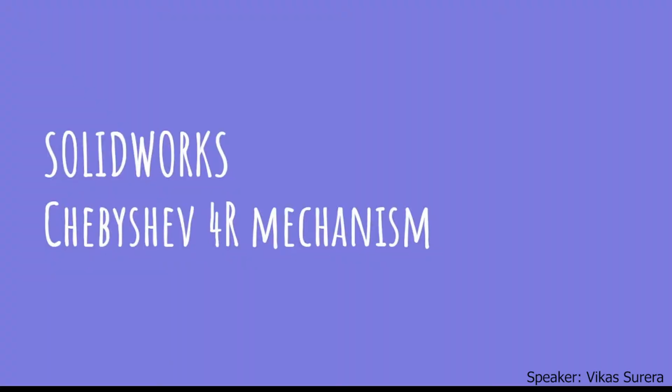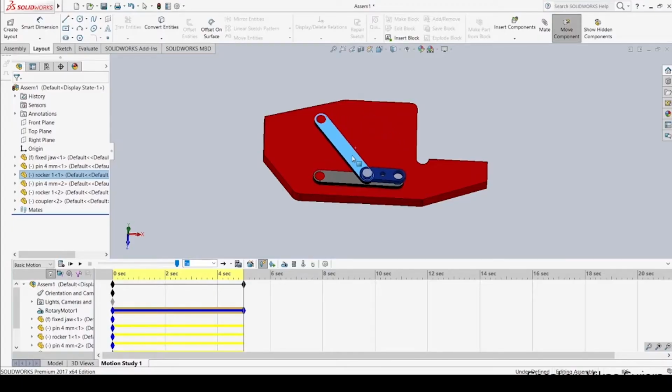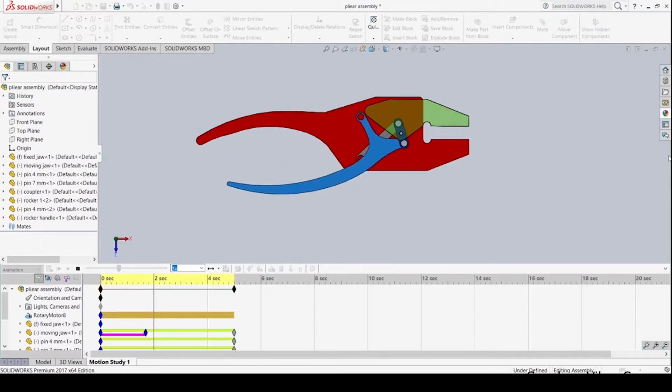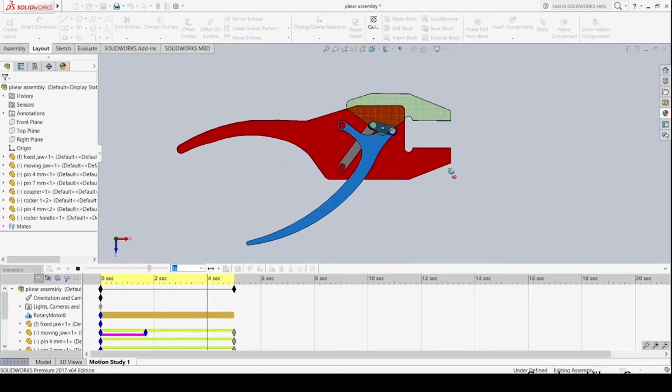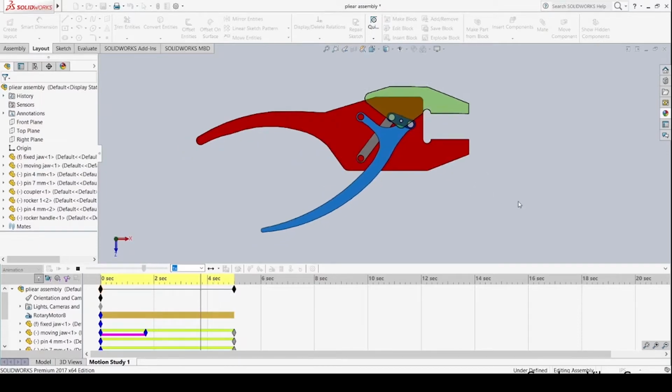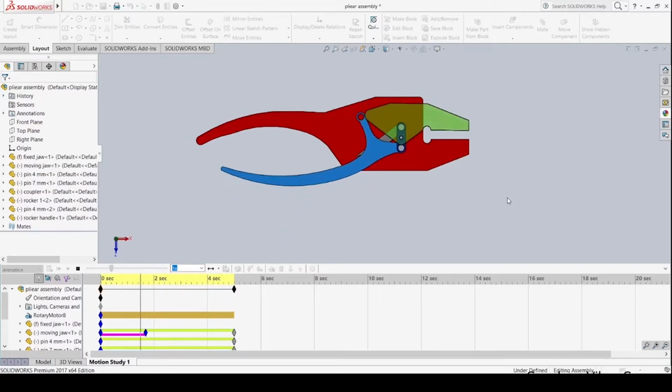Moving on to the SolidWorks mechanism. Here the parallel jaw which is attached to the coupler midpoint is moving in a vertical direction in a straight line.